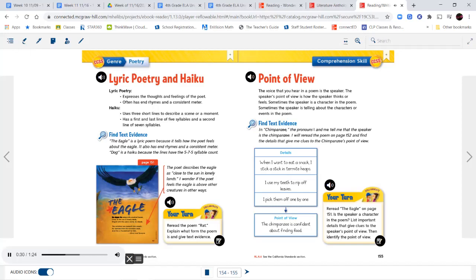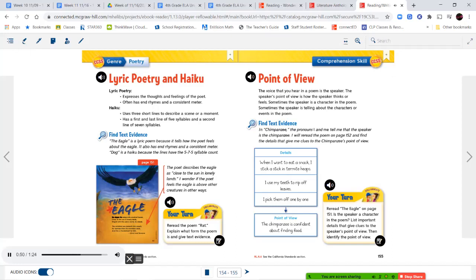Find text evidence. The Eagle is a lyric poem because it tells how the poet feels about the eagle. It also has end rhymes and a consistent meter. Dog is a haiku because the lines have the 5-7-5 syllable count.